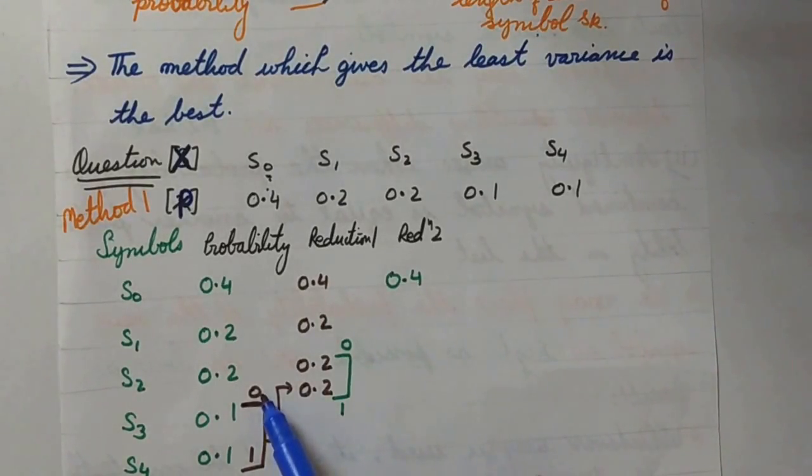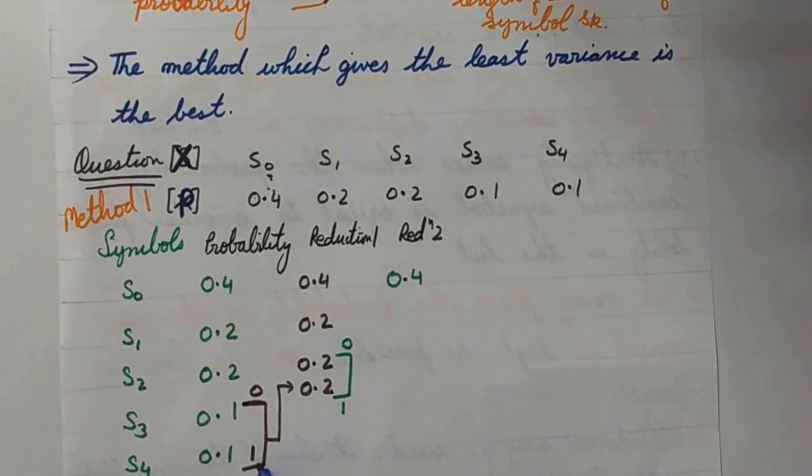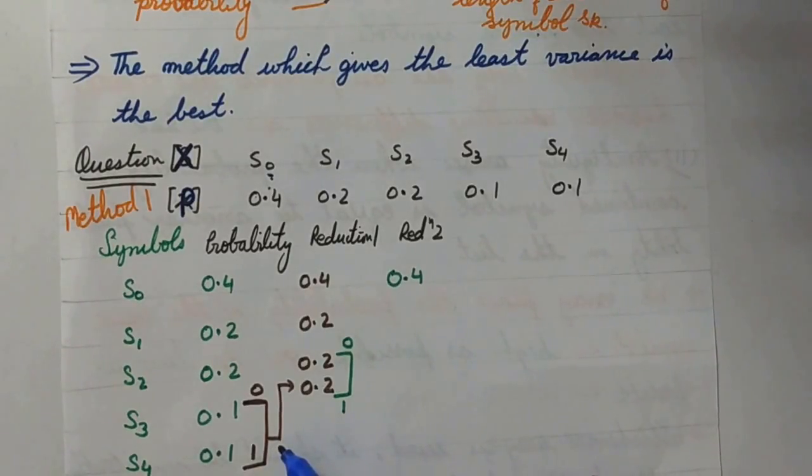So I have combined the last two messages. The probabilities are 0.1 and 0.1, so 0.1 plus 0.1 is 0.2, and the symbols designated to them are 0 and 1. Now this new 0.2, where will I place it? There are two methods. One is to put this 0.2 as low as possible, and the other is as high as possible.